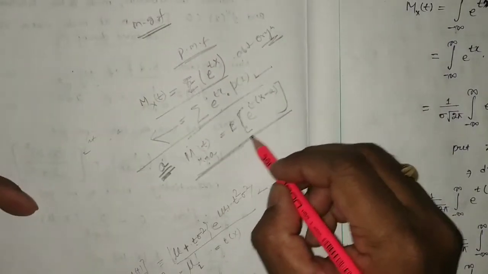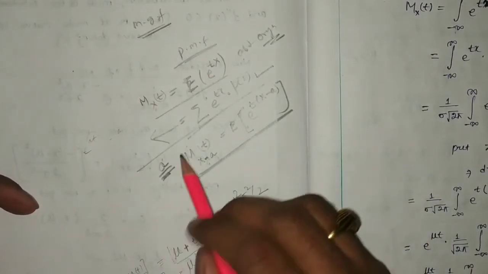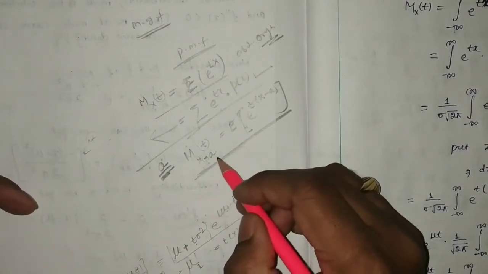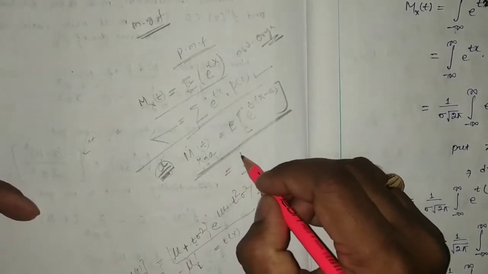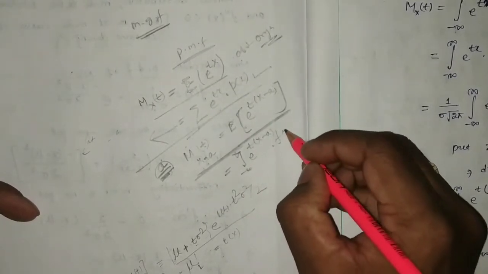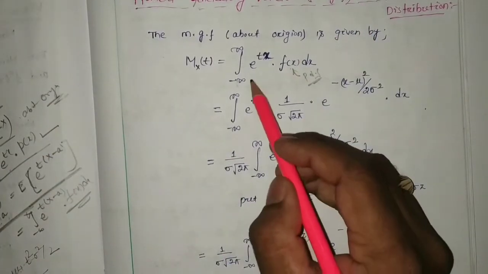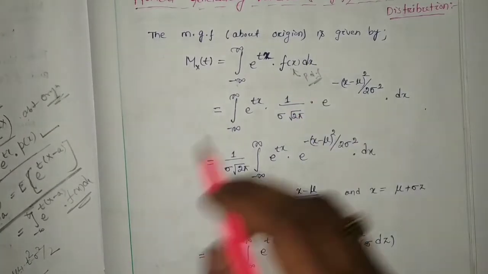Likewise, for the moment generating function of a random variable X about any point a, in a continuous distribution it will be written as the integral from minus infinity to plus infinity of e to the power t(x minus a) into f(x) dx. But as we are discussing here about the origin, this will be e to the power tx into the corresponding f(x) dx, the probability density function.